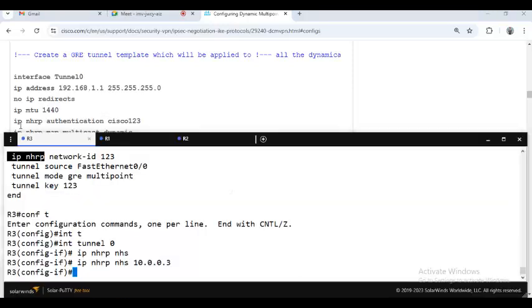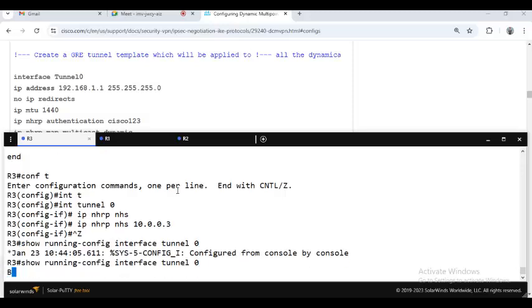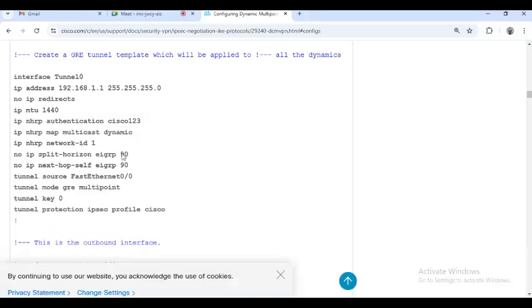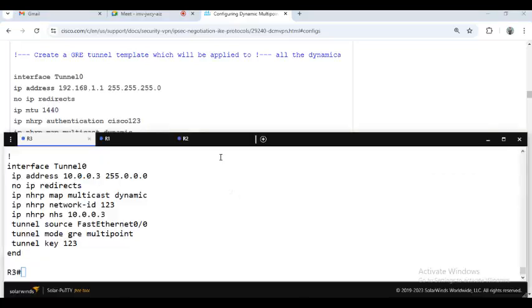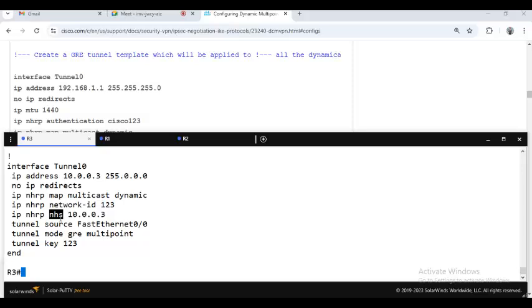Only on the server you give. I said the opposite. So only on the spokes you should say who is the NHS, meaning who is the server. It is okay if it is there. Nothing wrong. I just did this because in this document they mentioned we need to put it in the hub also. That is for IOS XE. Even IOS XE, that's not needed. No need to do this in the hub router. It's a waste. So these are the 2 main NHRP commands.